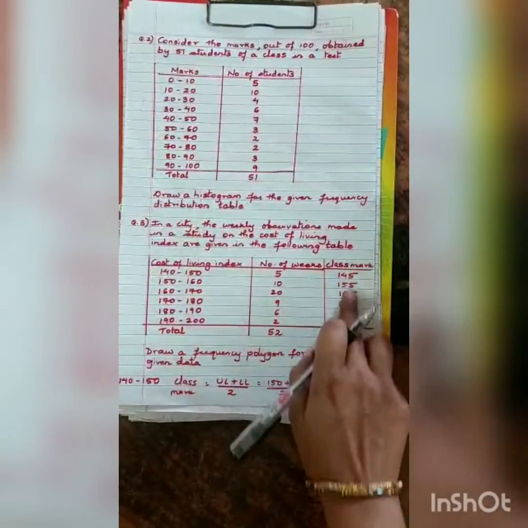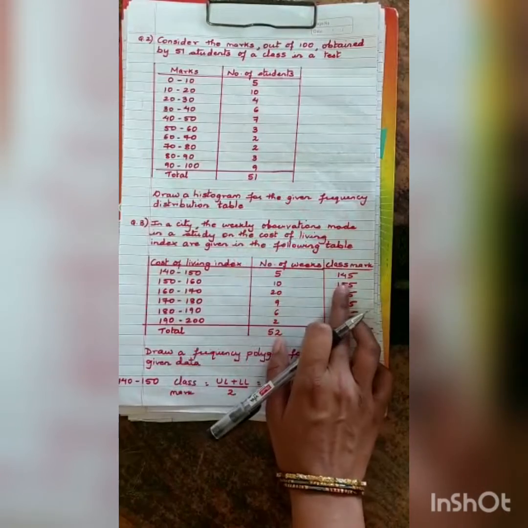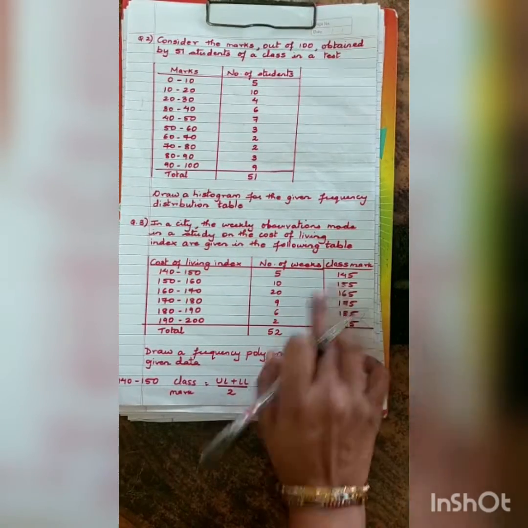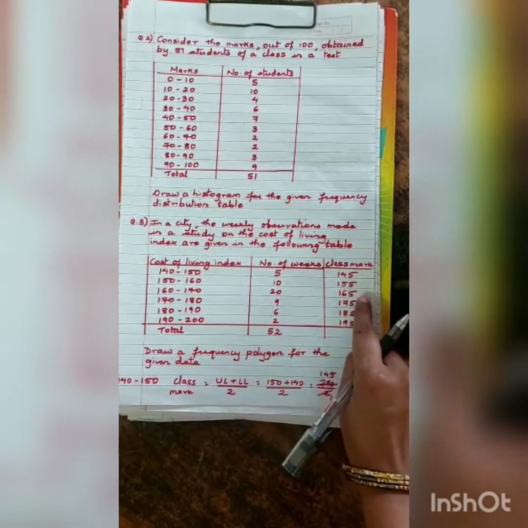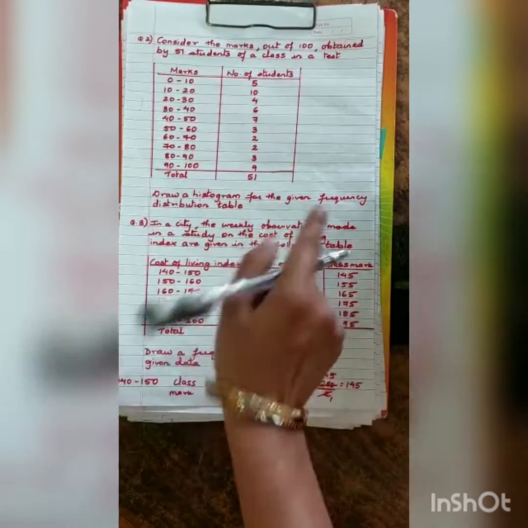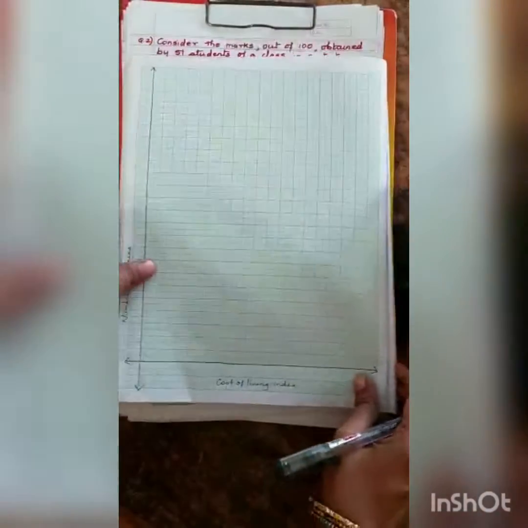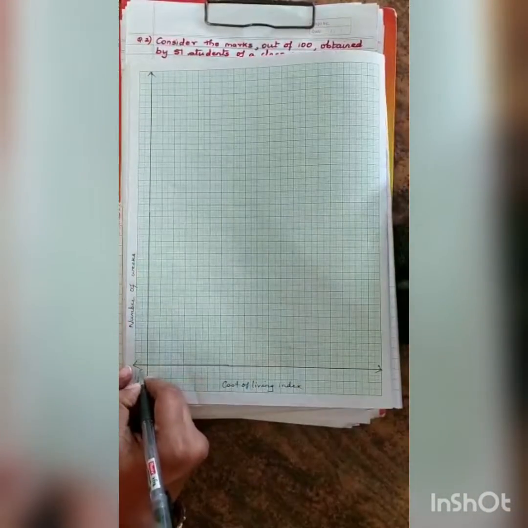We write class mark. Now tell me which number will come before 145. Think and tell me. See, here 145, 155, 165, 175. So which number will come before 145? 135. So that number we write first. So we put a 0 here.